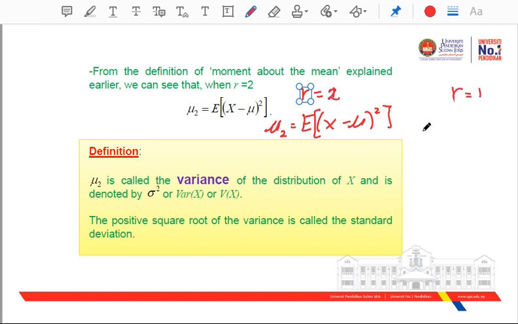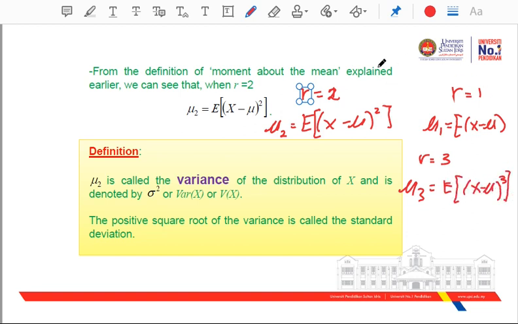If r equal to 1, mu 1 is actually E[X minus mu], just like this. And if it's r equal to 3, your mu 3 is actually E[(X minus mu)^3]. So that's what is meant by the notation. Previously we have prime, but this one no. That's why this is corrected moment. When it is corrected moment, we have the distance from the mean.